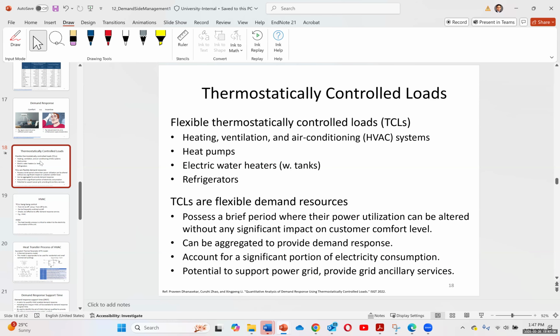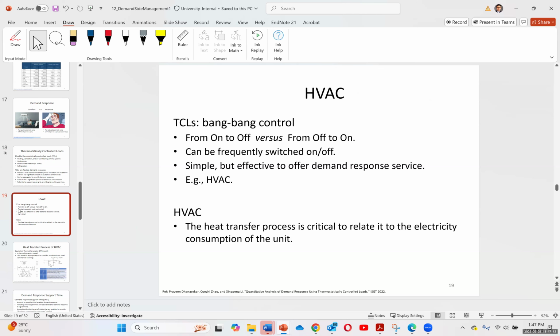And they have potential to support the power grid, and provide grid ancillary services. So for HVAC, the TCLs, we have the bang-bang control, from on to off versus off to on. They can frequently switch on and off. It's a simple but effective way to offer demand response services.